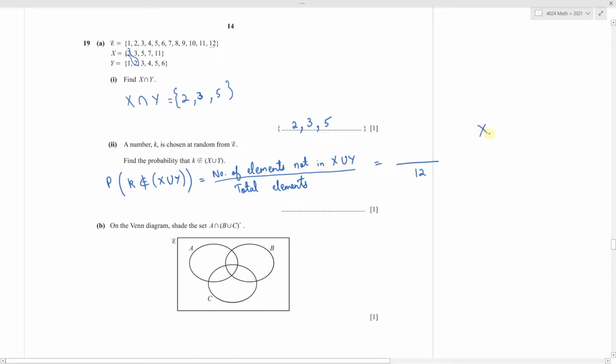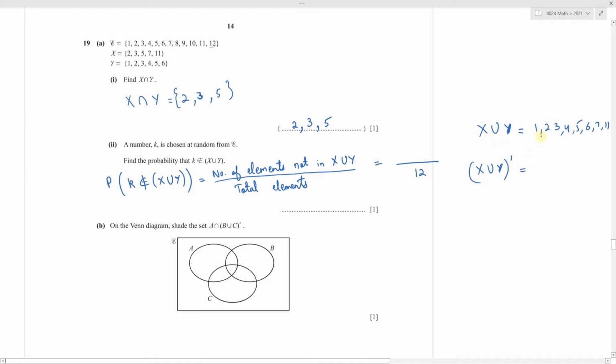So let's first write down X union Y. X union Y is all the elements in X and Y. So you have 1, 2, 3, 4, 5, 6, 7, and 11. So you have all these elements in X union Y, but you want k not to be a part of X union Y. So you're basically looking for X union Y complement.